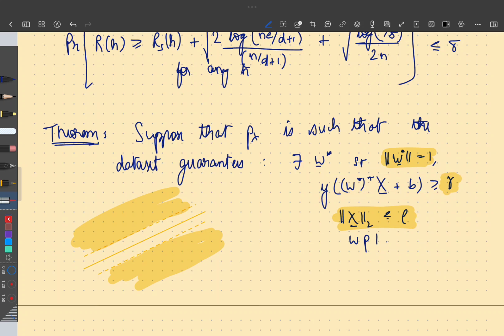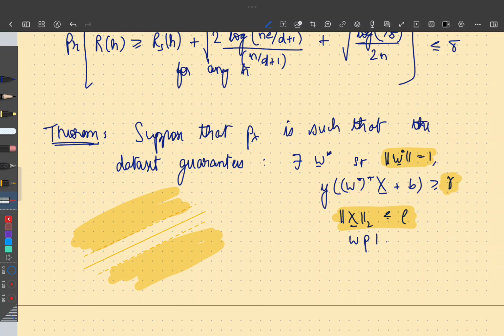If for a given data set I have this particular margin, and I scale x by a constant factor, then the margin will also increase by roughly the same factor. So I can get an arbitrarily large margin by just scaling up the data set as large as possible. So I'm not allowing that to happen. The data set completely lies within a ball, and the margin is guaranteed to be at least gamma.